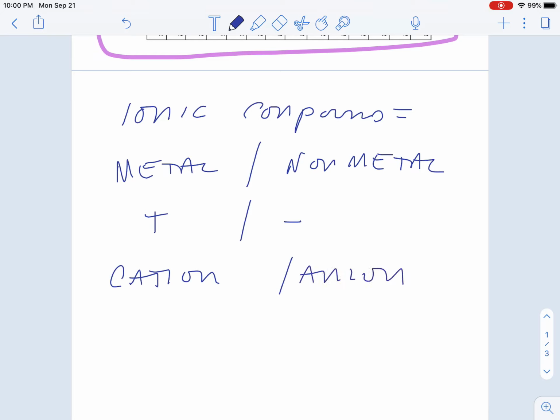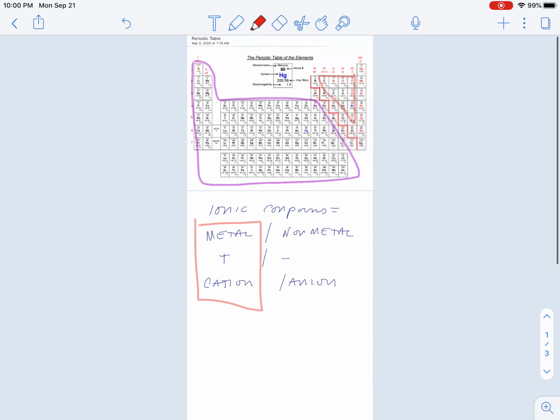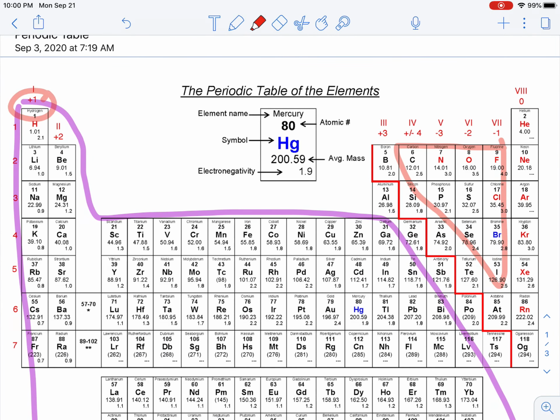Okay, these are two new words to you. And I put these all in the same kind of column, I guess. So a metal is going to become positive. So if I look at all my metals, positive, positive, positive. Mr. Skony, what about these right here? Well, these are the transition metals, and they actually transition between different charges.